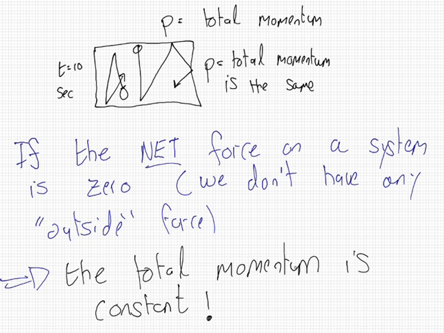Therefore, this rule looks like it doesn't work. Because what did I just say the rule is? The total momentum is constant, does not change. But that's only if there's no force. And what is the force here? Gravity. Weight.